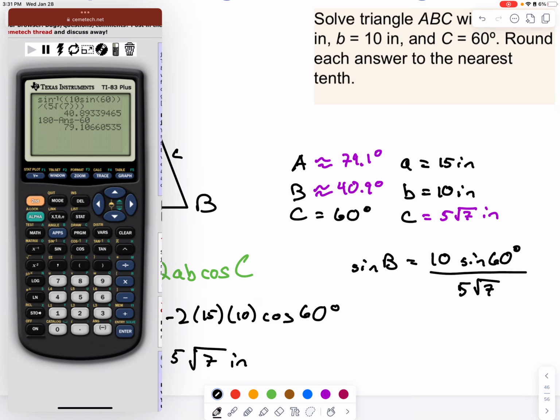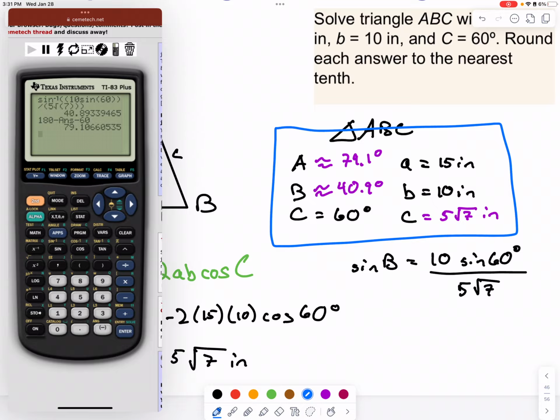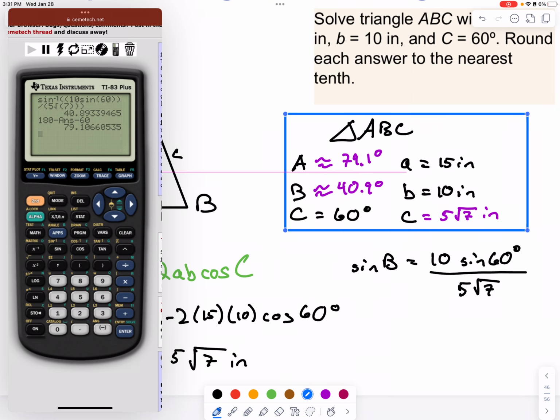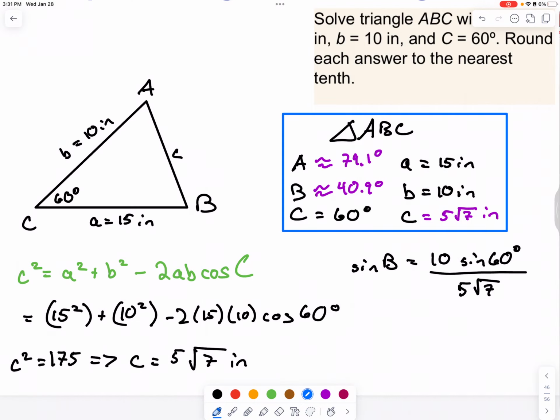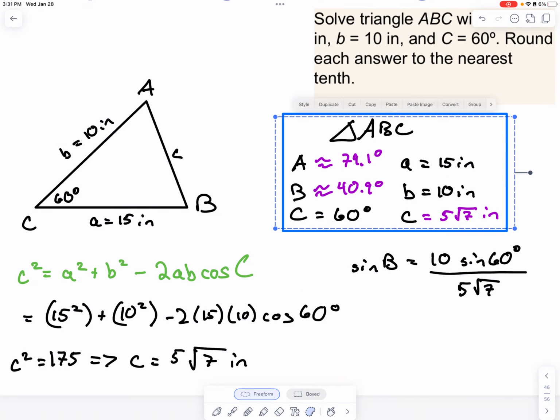Okay, this was for triangle ABC. And this is the result that we got. Let me get rid of this. Let me get a copy of this. Copy.